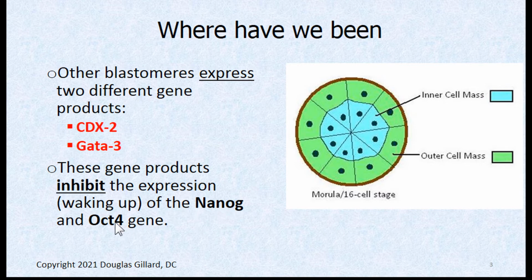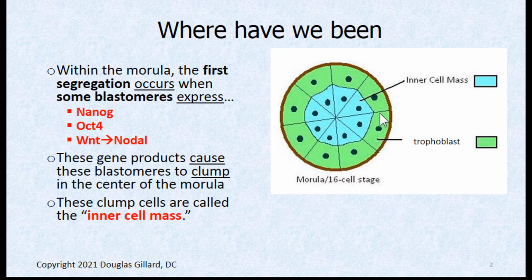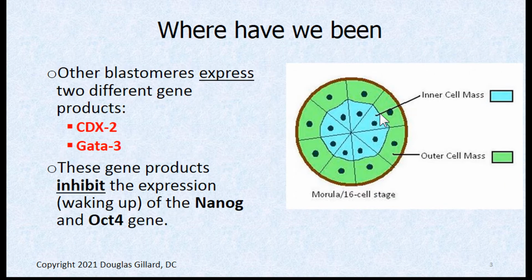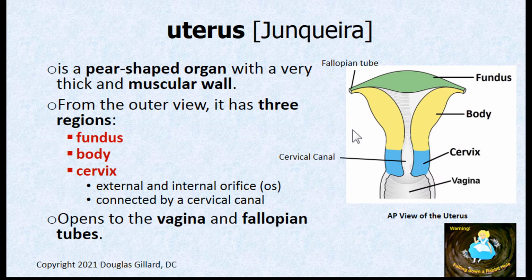So without Nanog and Wk3 on, and as long as you're expressing CDX2 and GATA3, you're going to become this outer layer here. Better to call this the trophoblast layer, as opposed to the outer cell mass. Oh, there it is, trophoblast. I didn't fix that one. Some people call it the outer cell mass, but that's another name for the trophoblast. So our little morula is kind of segregated. We're getting cells moving to different regions.